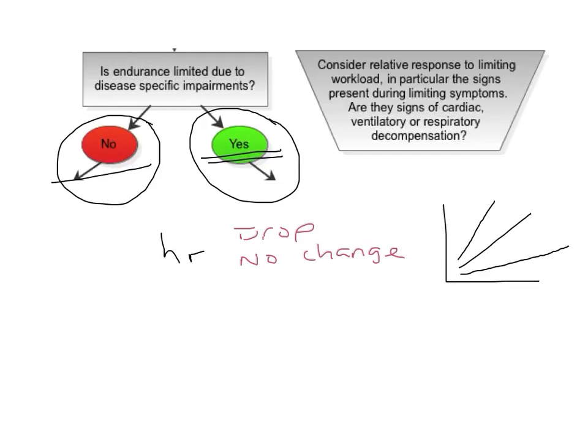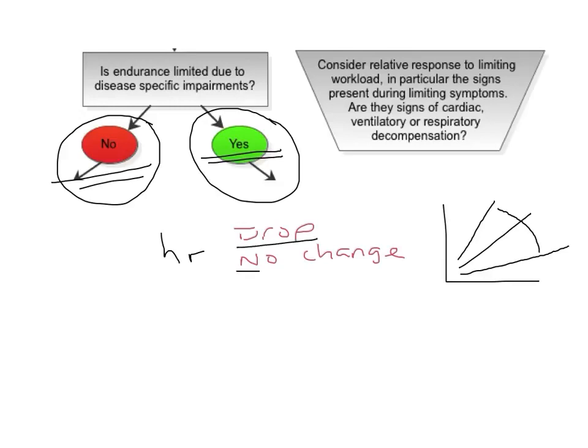So what we can't tell from heart rate, if there's an increase, is whether it's a normal or a not normal response. Heart rate increases only confirm the possibility of a normal response. It doesn't say anything about an abnormal response.